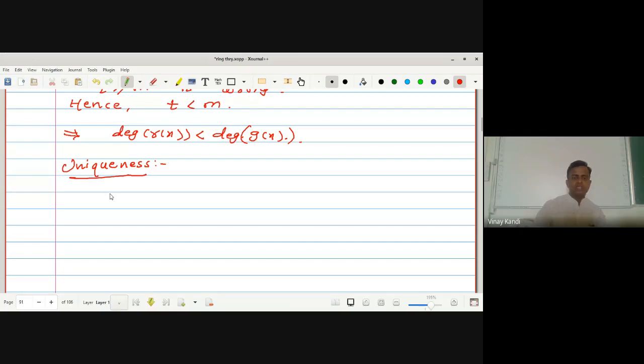We have to prove that q of x and r of x must be unique.